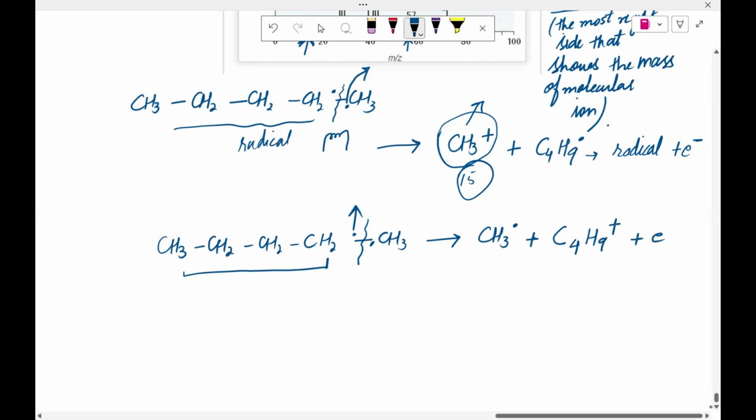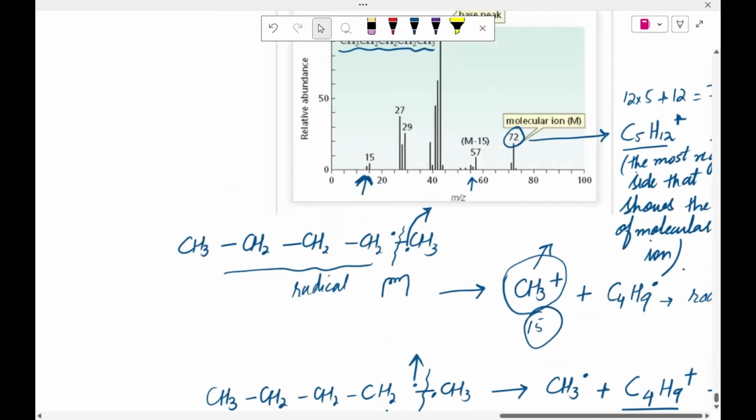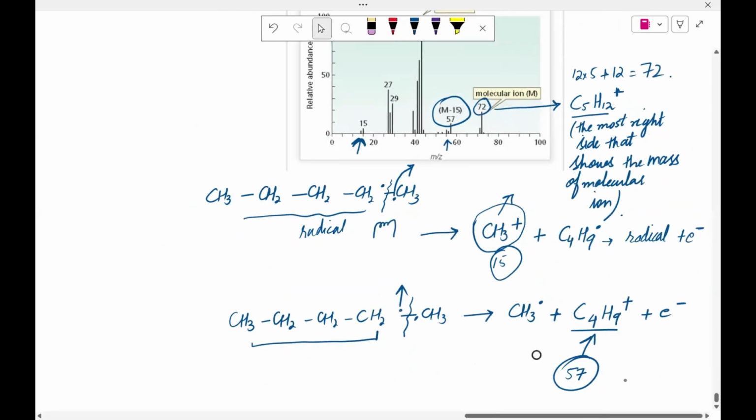How much would be the molecular mass? 12 into 4, that is 48, 48 plus 9, that is 57. If that is 57, then this peak is represented by this C4H9 positive. Is that clear, Sultan?